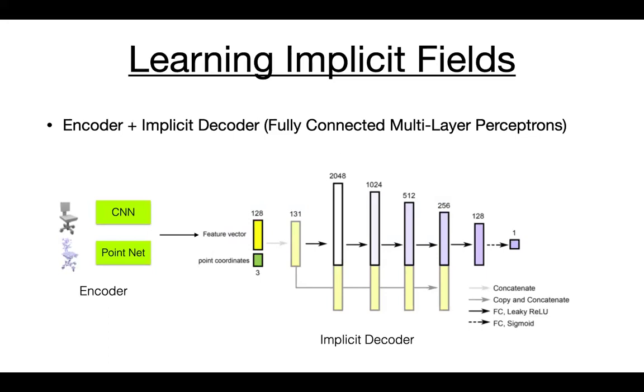Then you put in the coordinates and the value, and you concatenate, and then you have a fully connected network with a sequence of layers that starts with 2048, 1024, 512, 256, 128, and then finally the final layer is going to give the value, right? And it uses a leaky ReLU and a sigmoid to do this.